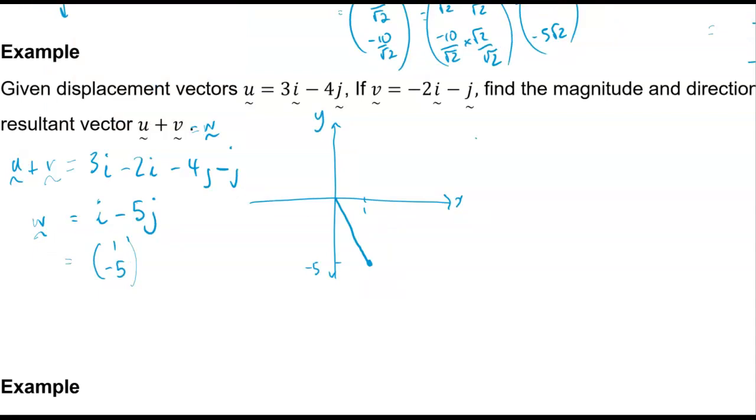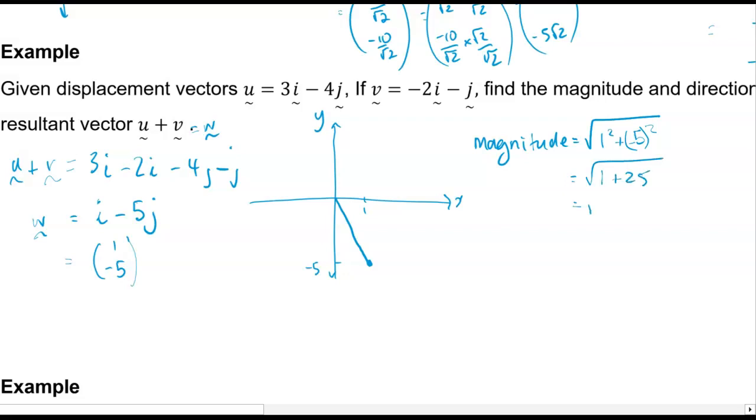The magnitude, we've done that lots already, is the sum of the squares of the components, which is 1 squared plus minus 5 squared. We know that's the same as 5 squared, which is going to be 1 plus 25, which is root 26. Can we simplify that further? I don't think we can. We're going to leave it like that.